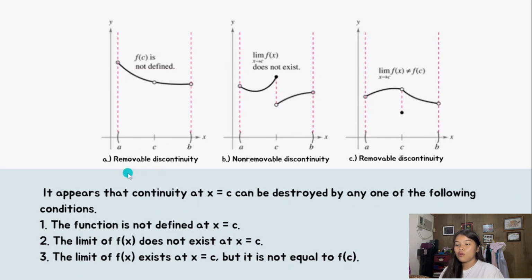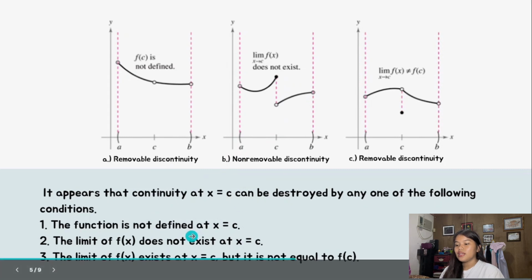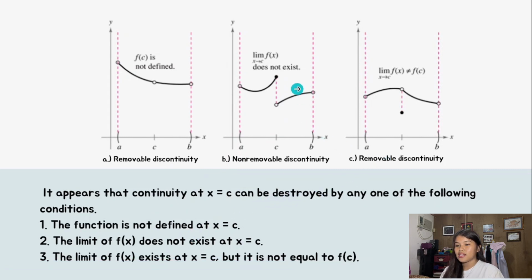This is a removable discontinuity. Second, the limit of f of x does not exist at x equals c. So this is a non-removable discontinuity. And lastly, the limit of f of x exists at x equals c, but it is not equal to f of c. So this is a removable discontinuity.